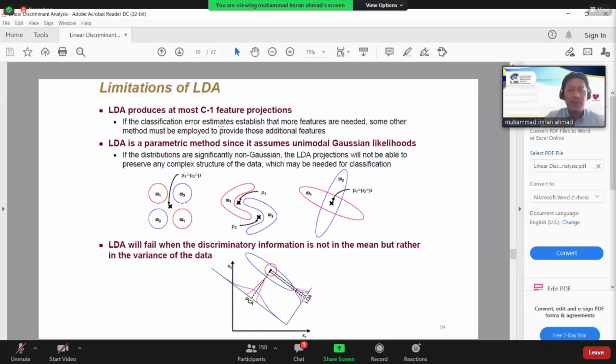If the classification error estimate establishes that more features are needed, some other method must be employed to provide those additional features. That means when we do the classification, we realize that the performance may drop, so maybe you need more features to put in the system. That's why another method must be used to provide additional features.